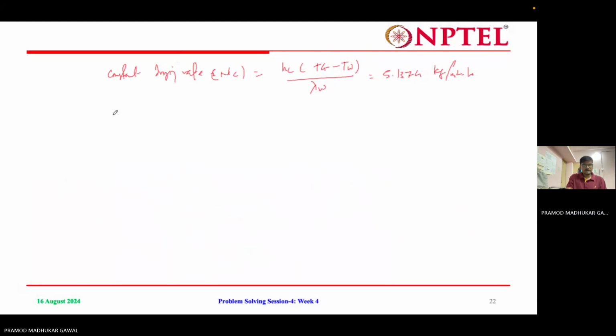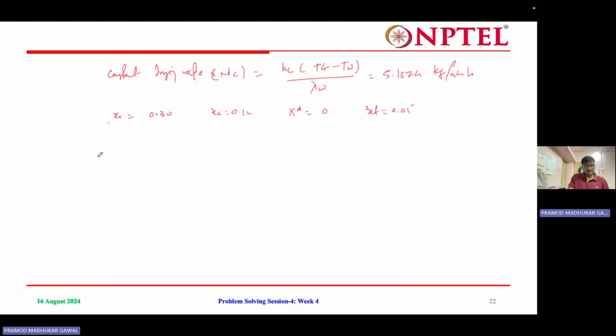Now Xi is given as 0.30, Xc is 0.12, X star is 0, so Xf is equal to 0.005.